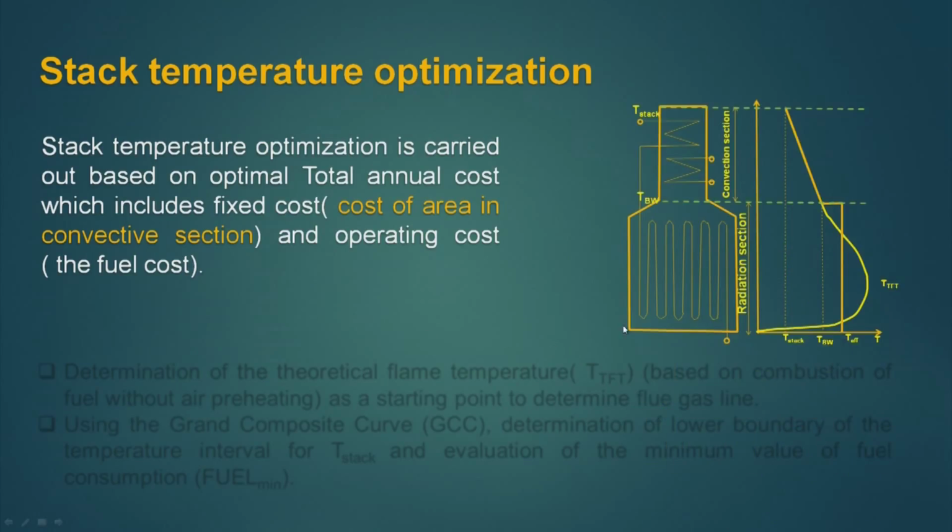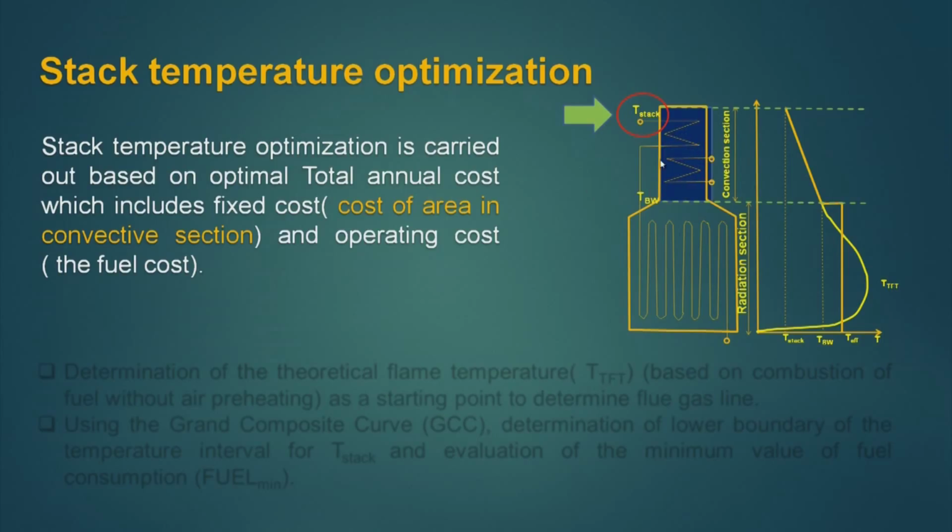Now, this is my system. From here to here is the radiation section, this temperature is T_BW, and this is the convection section. So, I am interested in finding out what is the T_stack temperature, which is the temperature here of the hot gases which is coming out.